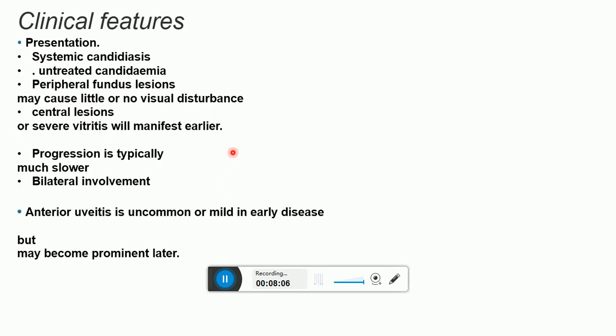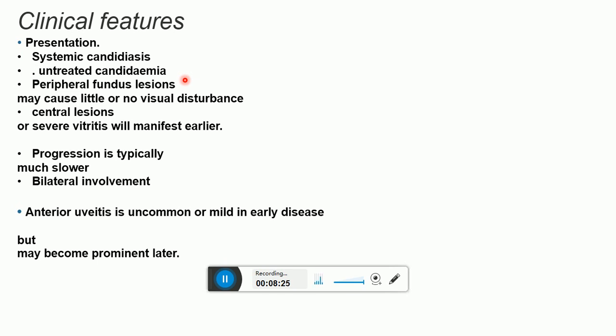Clinical features. Presentation: systemic candidiasis may already have been diagnosed. Up to a third of patients with untreated candidemia will develop ocular involvement.